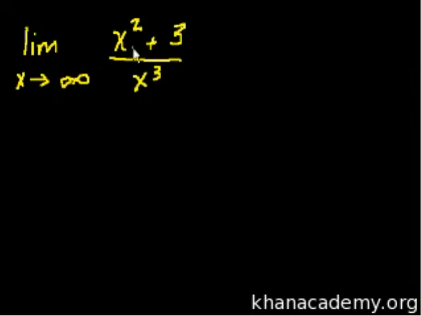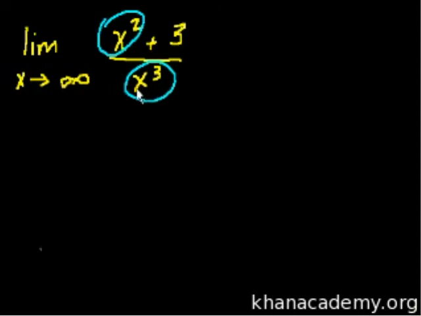But the way I think about it is, in the numerator, the fastest growing term here is the x squared term, right? In the denominator, what's the fastest growing term? Well, in the denominator, the fastest growing term is this x to the third. Well, what's going to grow faster, x to the third or x squared? Well, x to the third is going to grow a lot faster than x squared.